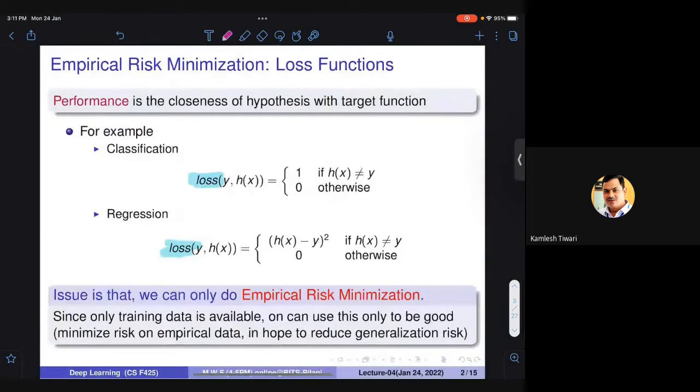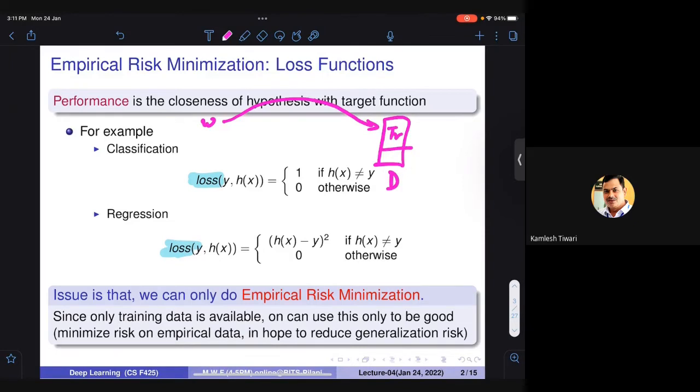The idea, once again, as I have told you multiple times, is that training data is given to you, and you want to be good on the unseen things. But how can you change your parameter? Let's assume you come up with some parameter that fits this particular data very well.